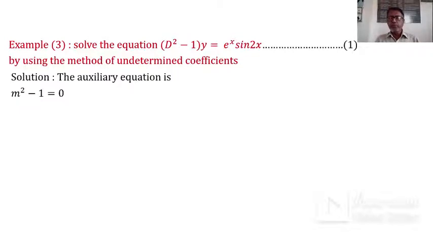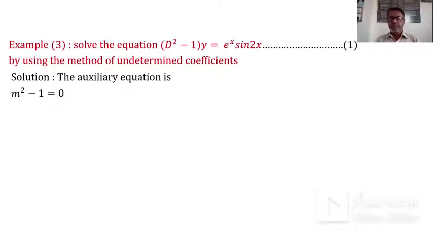For this purpose, the first part is as usual. First, we find the complementary function. To find the complementary function, first we consider the auxiliary equation, and here the auxiliary equation is m square minus 1 is equal to 0.